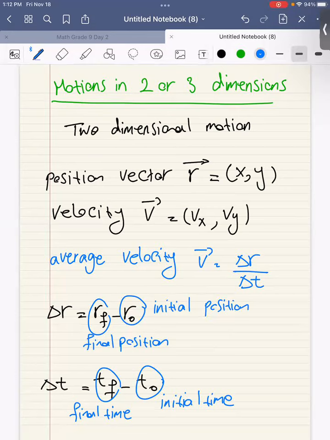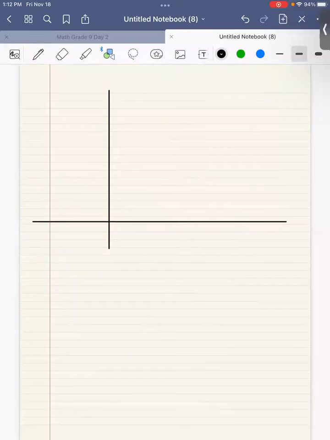If you want to see a simple picture of this, we have an object that moves in a two-dimensional plane, and imagine that this is the initial position and that is the final position. So this is r_f, and this is r0.